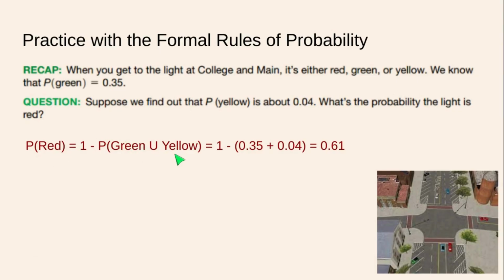Are they disjoint events? Well, I would say absolutely. Light can't be green and yellow at the same time. So we'd say 1 minus, well, we simply add the probabilities here to find the probability of green or yellow. The complement of that would be how we find the probability of red. So 1 minus this sum here would be 0.61.